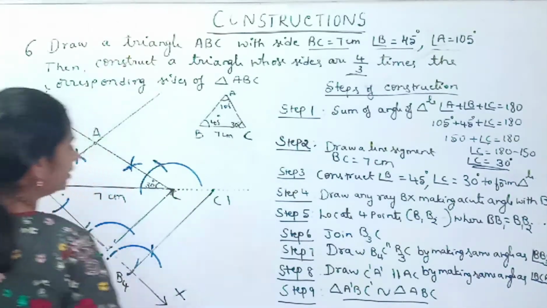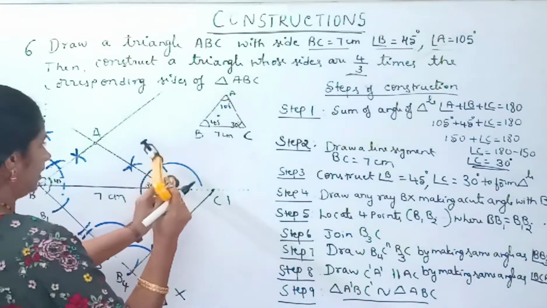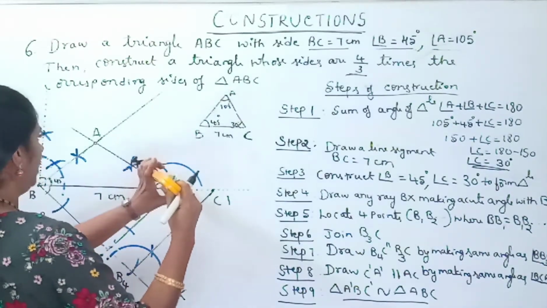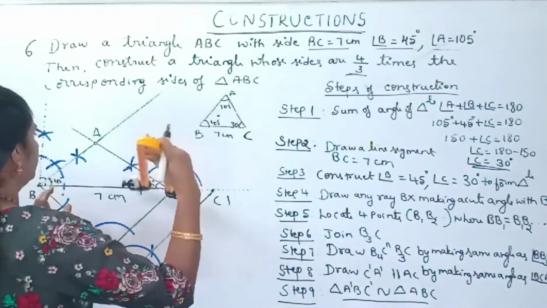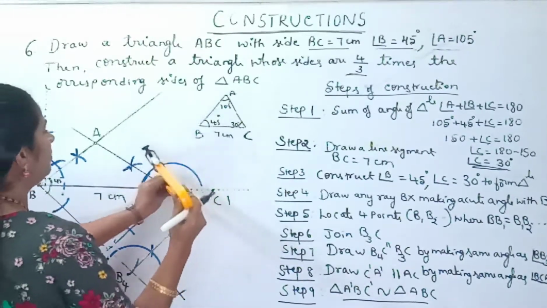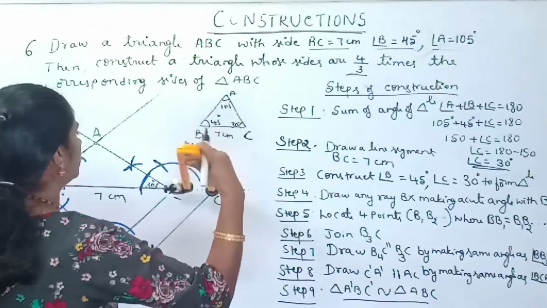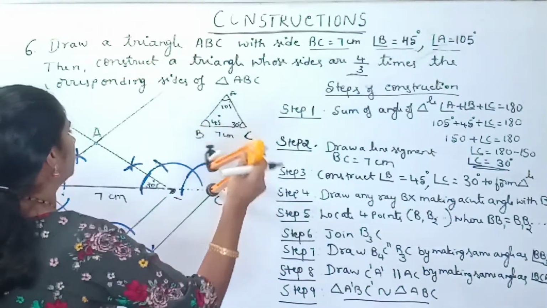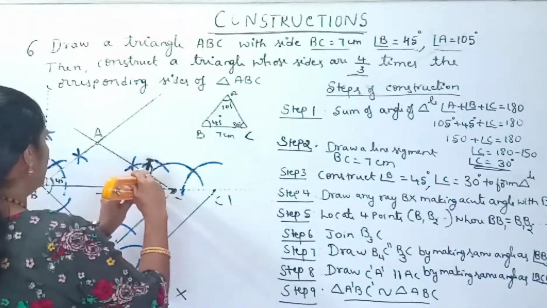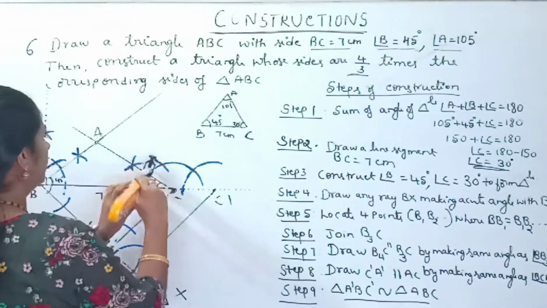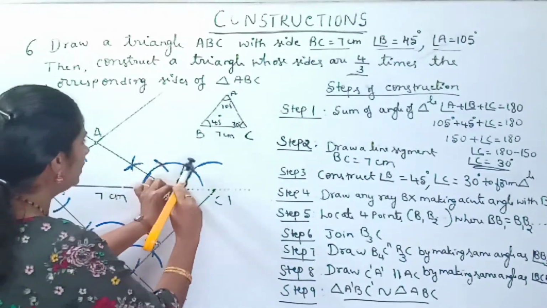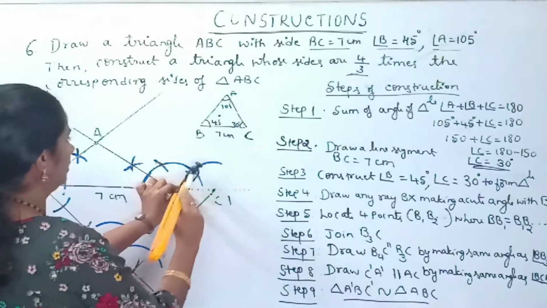Again same procedure. Keep your compass at C and draw one arc like this. Same measurement. Keep your compass at C dash. Draw another arc. Measure the angle between these two lines and keep your compass on that arc and cut that arc.